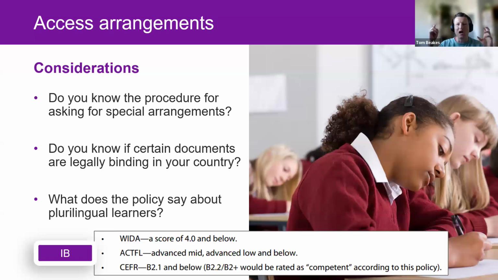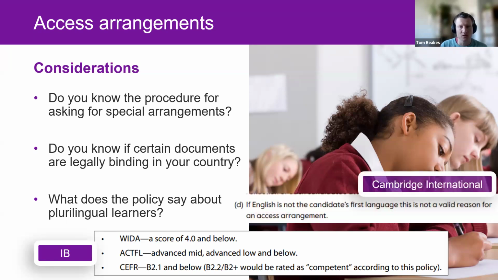So if you're below a WIDA score of 4 or a CEFR of B2, you are apparently not technically competent, and we might query the terminology they're using there, but at least it's clear. Whereas if you look at Cambridge International, who do IGCSEs, their access arrangements policy simply says, if English is not the candidate's first language, this is not a valid reason for an access arrangement, which I don't think is very helpful personally, but that's their position.